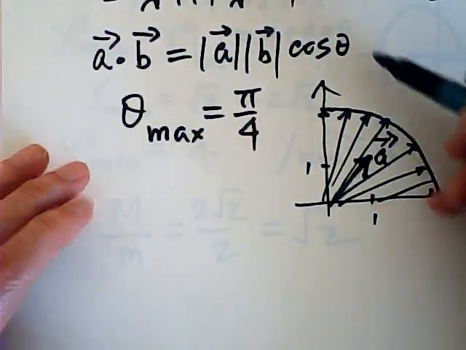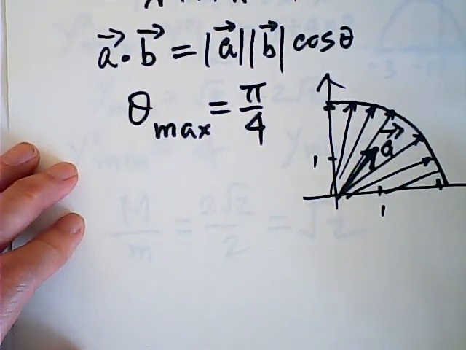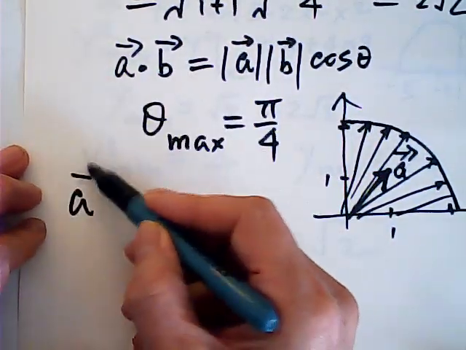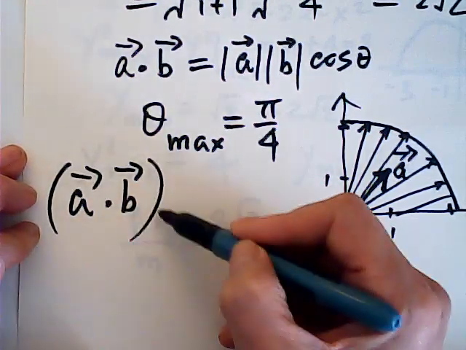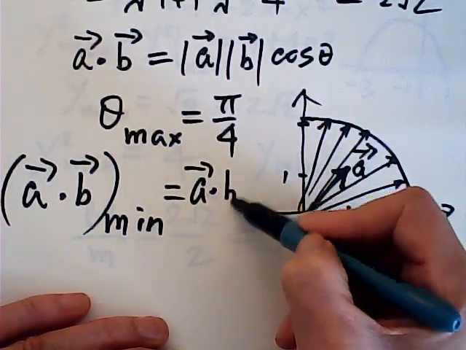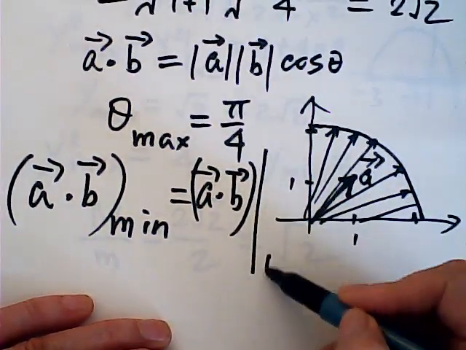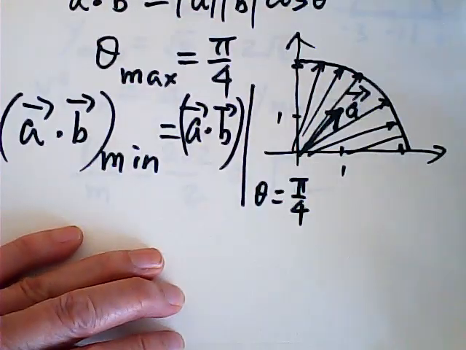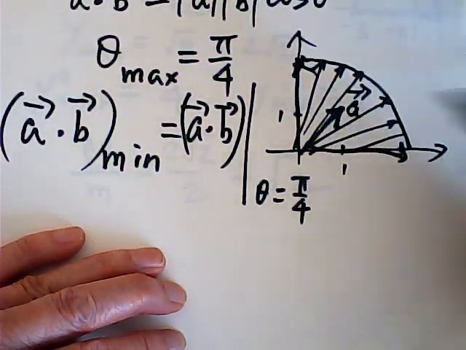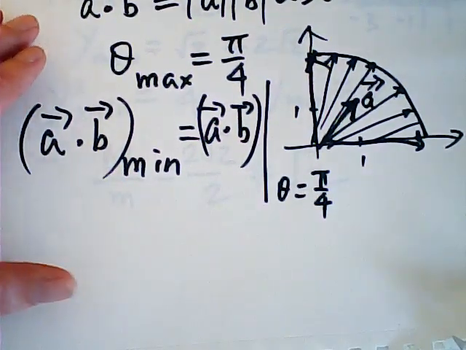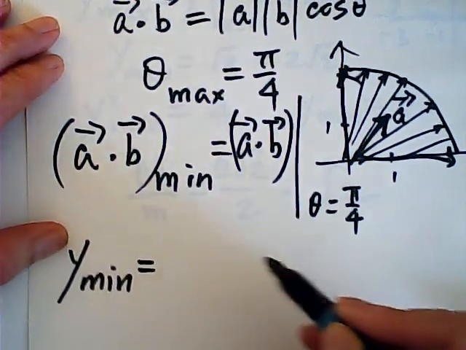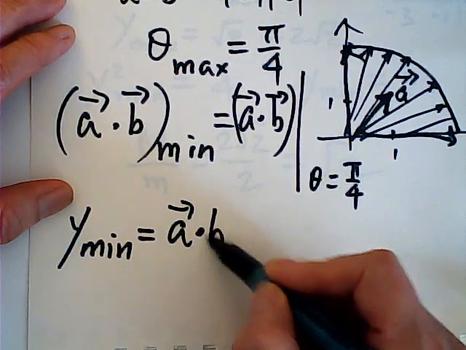Therefore, the minimum value of A dot B is the dot product of A and B at the angle quarter pi, because the vector here or there makes the dot product the minimum.